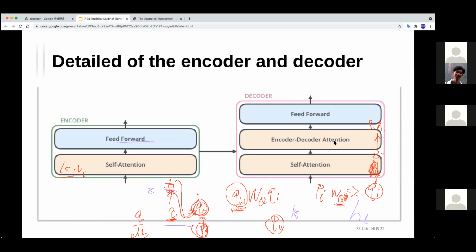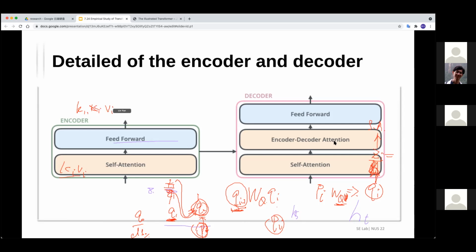Yeah. Zi is derived from self-attention, right? No, Zi is derived from the query combined with key and value. Then that is self-attention, right? That is encoder-decoder attention. It is combined with the decoder attention. Suppose there's the final Ki, Vi.